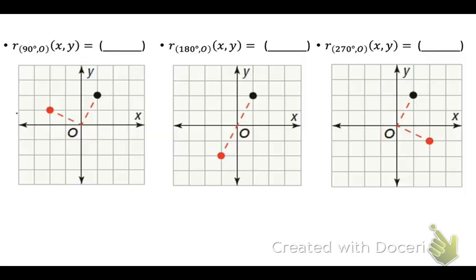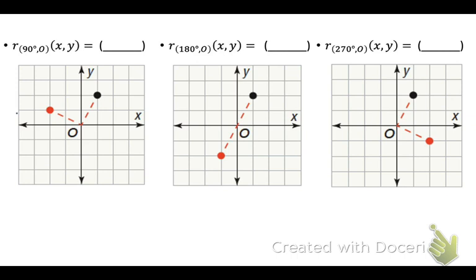Okay, so let's get the rules. We have over there for a reflection, when we reflected across the x-axis, the y went negative. When we reflect across the y-axis, the x went negative, yes? And when we reflect across y equals x, they switch places. So you're going to get the same kind of rule here. So if I rotate 90 degrees around, what's O stand for again?